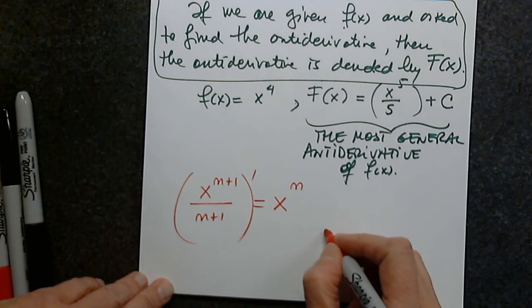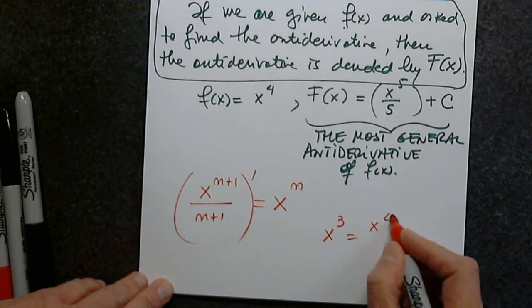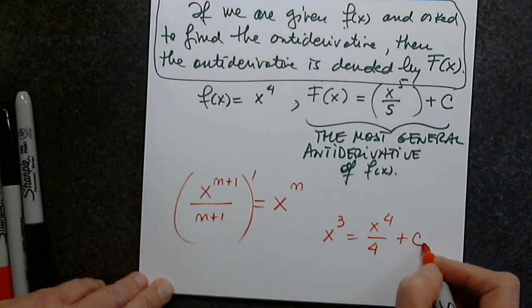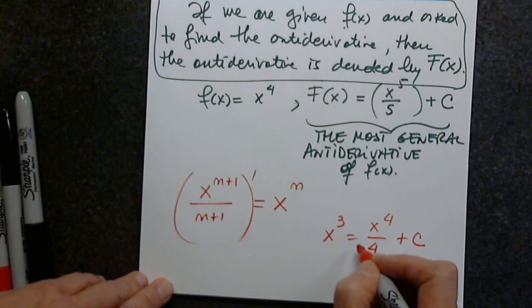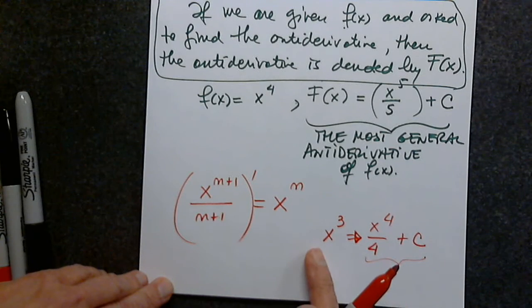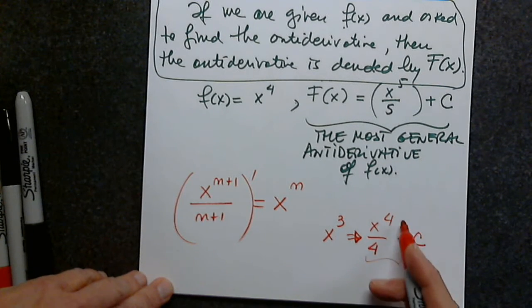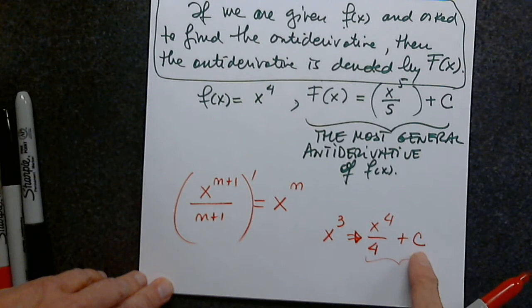So if I want to determine the antiderivative of x to the third, I will say x to the fourth over 4, but the most general will be this, right? I cannot put the equal symbol, so I have to put an arrow. When I differentiate this, I will always get x to the third. 4 comes in front, simplifies with 4. I get x to the third, and the constant prime is 0.